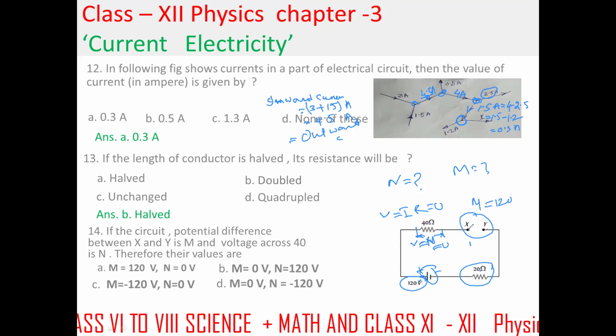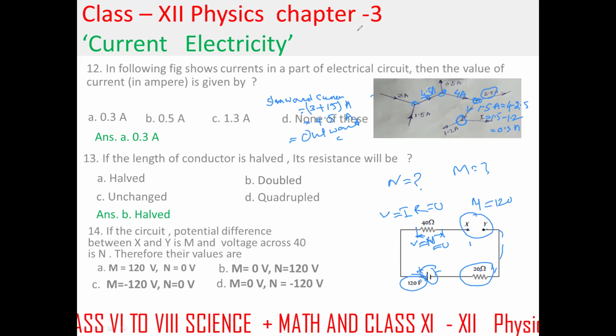See, point X is connected with the battery positive and Y is connected with the negative. So here the potential difference is 120, so the same would come here. So M would be 120. So hope it is clear to you.